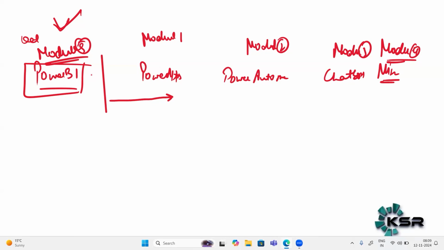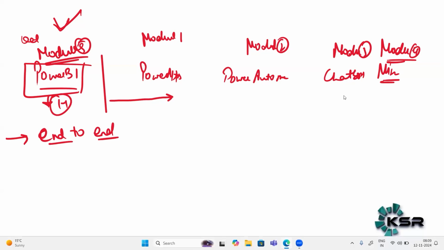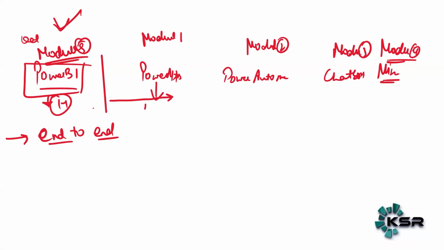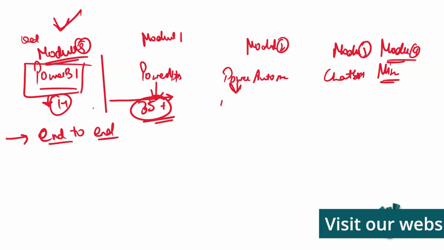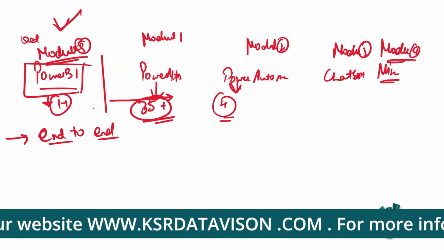Rajesh, everything will be covered end to end from my side. For Power BI itself, we took around 17 sessions, and there's a parallel evening batch running. For Power Apps, we took around 35 plus sessions. And Power Automate is running, and we are already into the fourth session. So I will cover everything end to end.